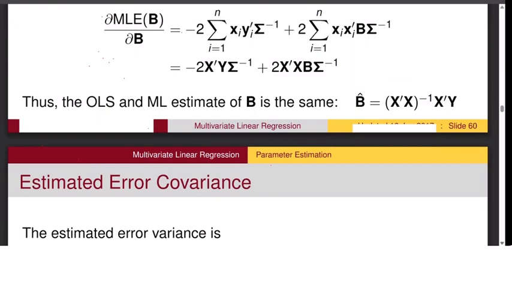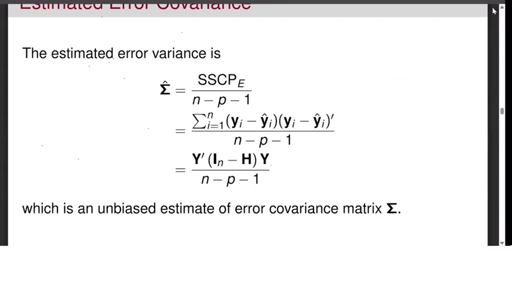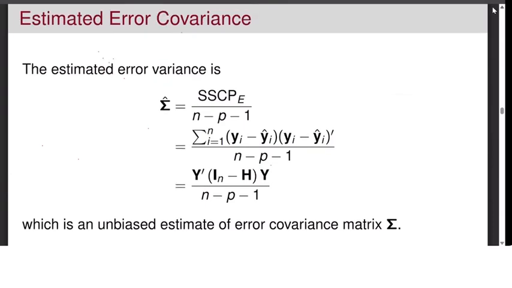Right now, remember when we were dealing with a single response, I showed you the estimate of the error variance. But right now, in the multivariate case, we're going to call it the estimate of the covariance. You know why? Estimate of covariance, because there's more than one response variable involved, and there's the possibility they may be correlated. Does that make sense? So right now, this is the estimate of the error variance, and it is just going to be the sum of square cross product for the error, which is the unexplained, divided by the degrees of freedom.